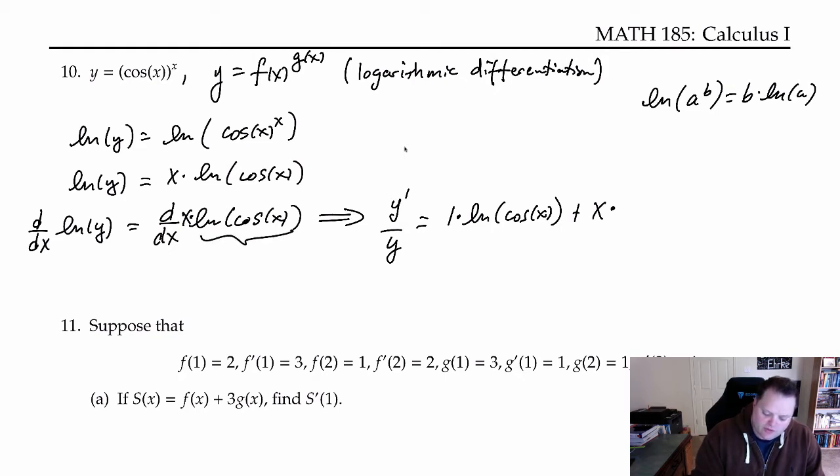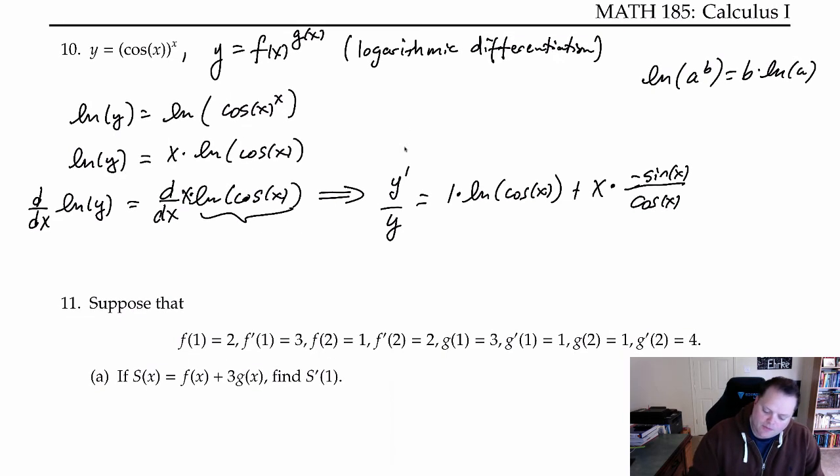Now the derivative of this term is a little tricky. It's over cosine since it's a natural log, but then I have to multiply by the derivative of the thing that's inside. The derivative of cosine is minus sine. So this is y prime equals, multiply the y over to finish this out.